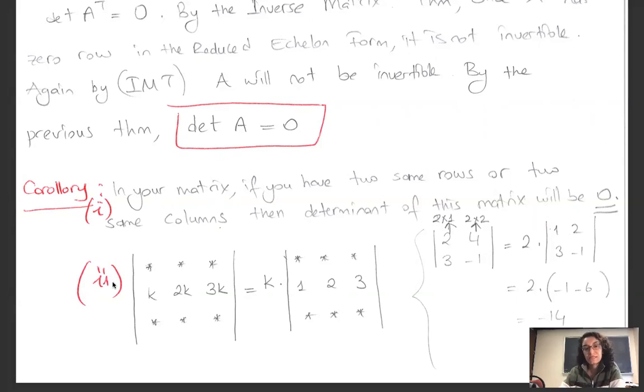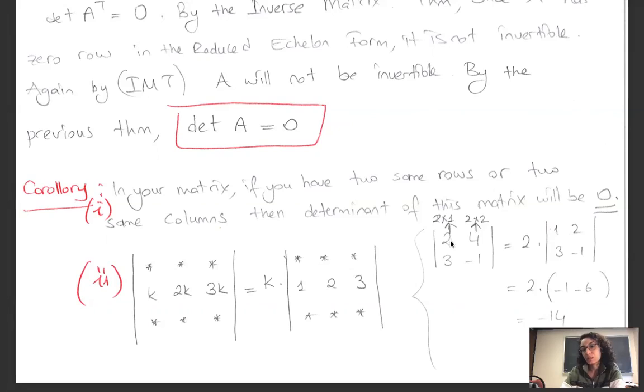The other fact is, in your matrix, if you can take any row or any column into the parentheses of a scalar, then you can always put the scalar outside in this way. Here in the second row, k is the common factor, so you can just take k out. You can write this in this way, or you can say the determinant of this matrix will be equal to k times the determinant of this matrix.